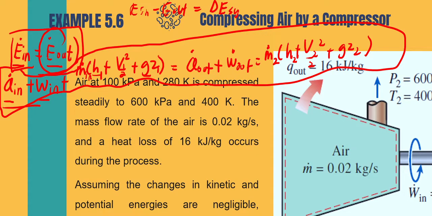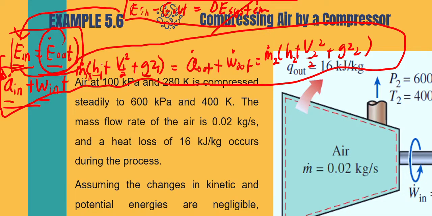This is the one that I asked you to memorize. But we are using this from the beginning. Because for steady flow operation, there's no change in energy of the system. So your energy in will be equal to energy out. So that's why we came up with this equation, and this is the full expression.